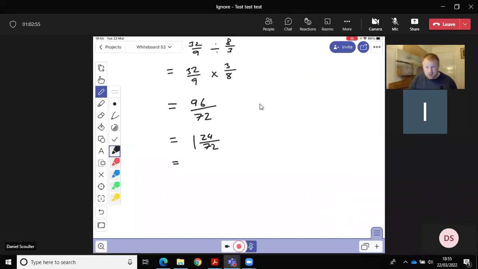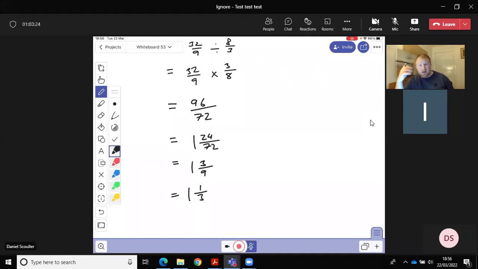So again, I don't see anything, in fact I do see something obvious. 8 goes into both of them. So 8 goes into 24 three times and 8 goes into 72 nine times. And then I see a simplification again, 1 over 3. So don't be scared to simplify down in steps.